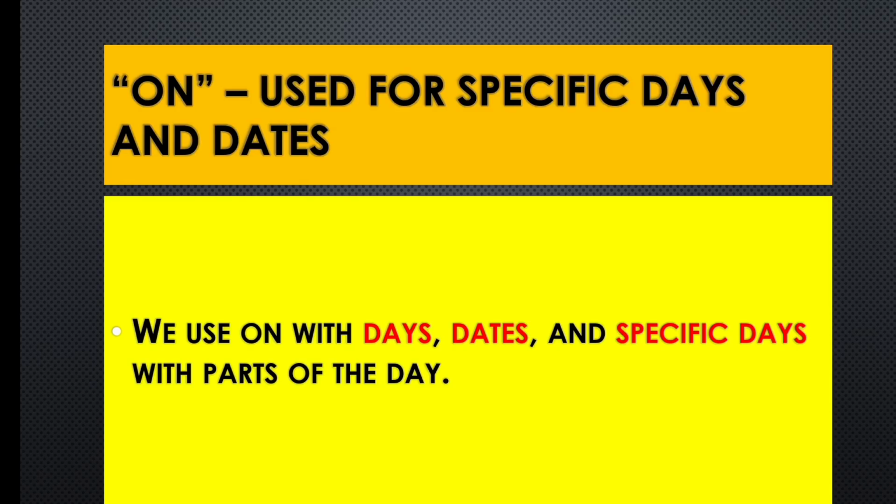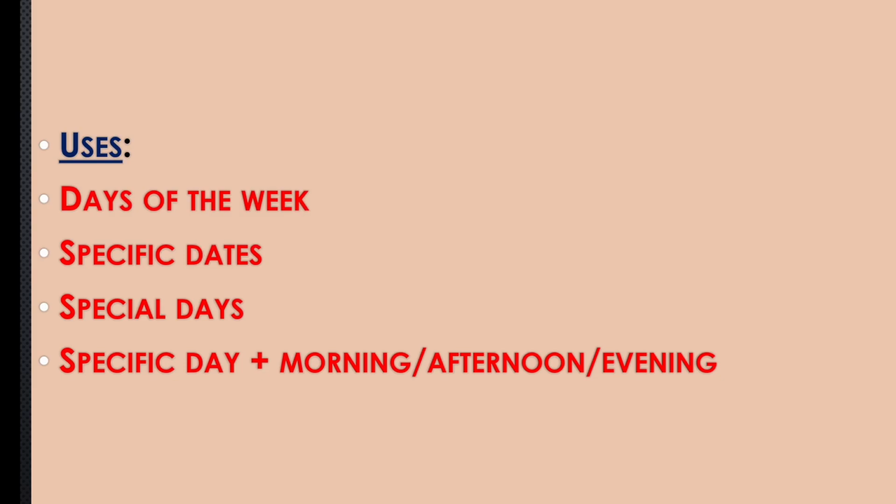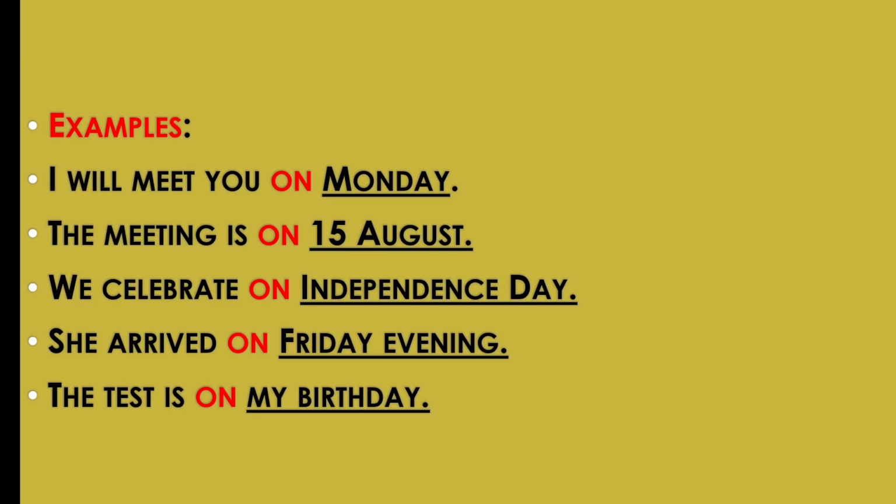We also use it with a specific day plus parts of the day. That is, we use on when we are talking about days of the week, specific dates, special days, and a specific day plus morning, afternoon, or evening. We may not understand in this way, so let's have a few examples.